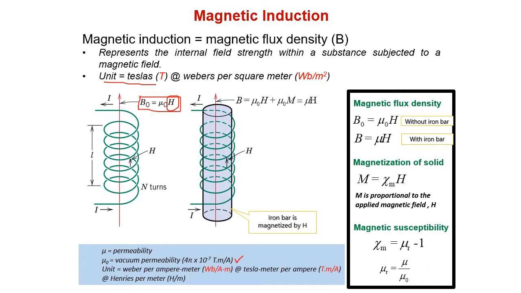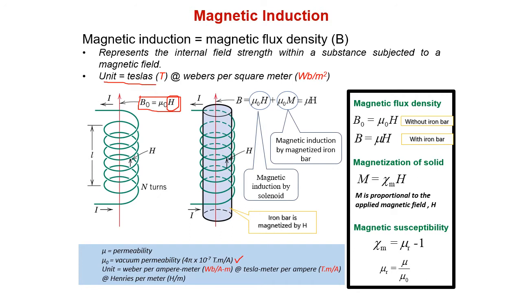While for a solenoid which has an iron bar at the center, we will use this formula where magnetic flux density B equals mu naught H plus mu naught M. We add this mu naught M because of the magnetic induction by the magnetized iron bar at the center of the solenoid.